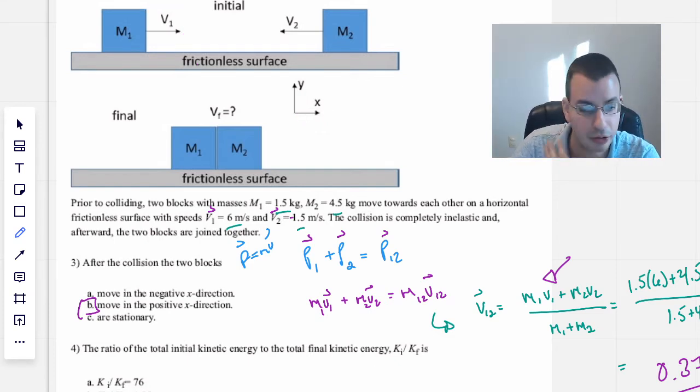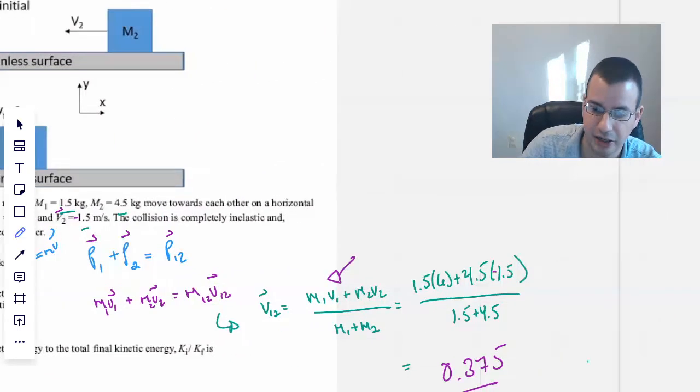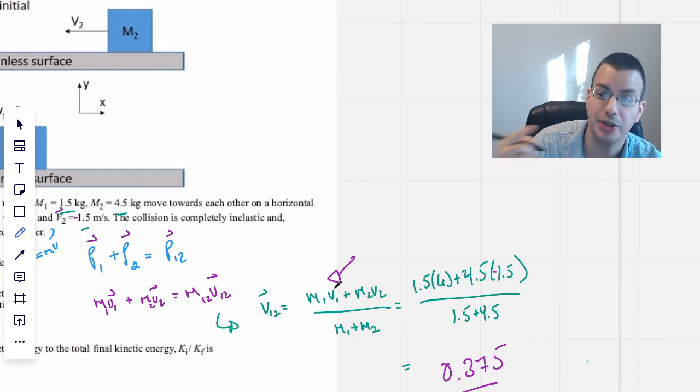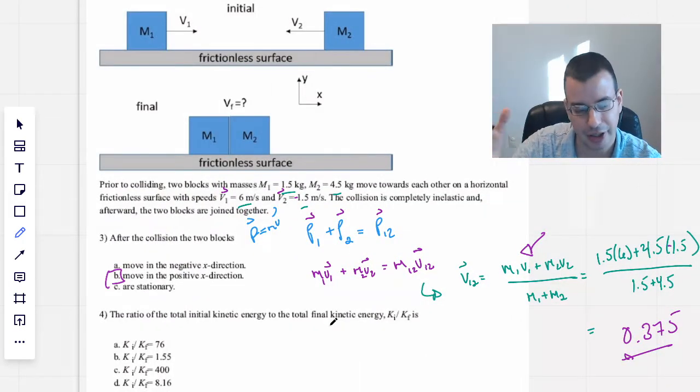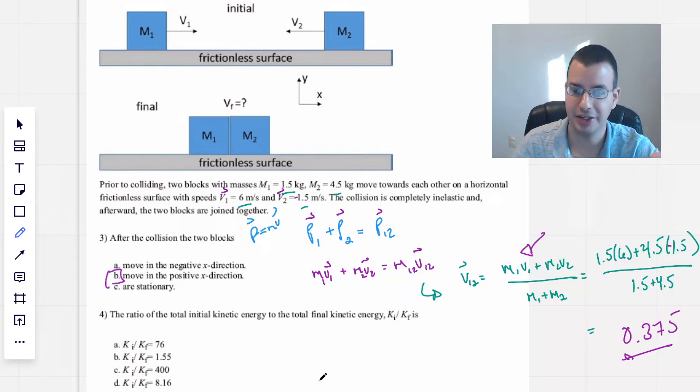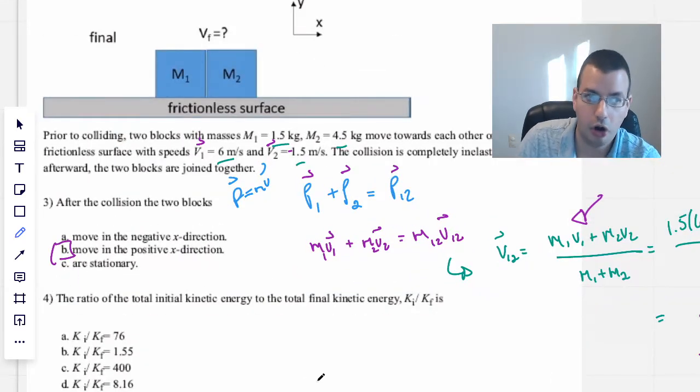But to be technically correct, this positive number means it has the same sign as v1 did, so it's moving in the same direction as v1. They could get really tricky and put v1 going in the negative direction, then you have to deal with all that. But keep in mind that positive numbers do not always automatically mean positive x direction.